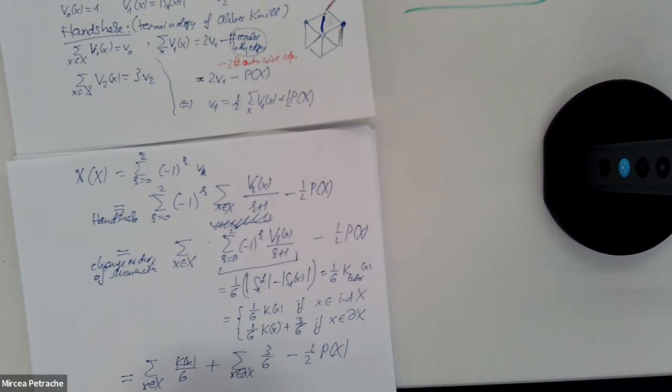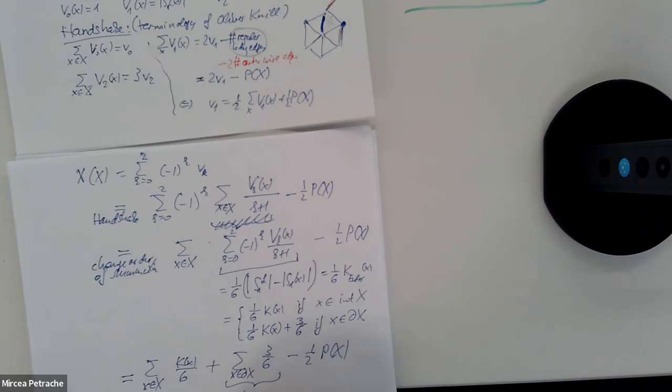So this term is really plus a half times the number of boundary particles. Okay, now you multiply by 6 and you're done. So that's basically the proof.